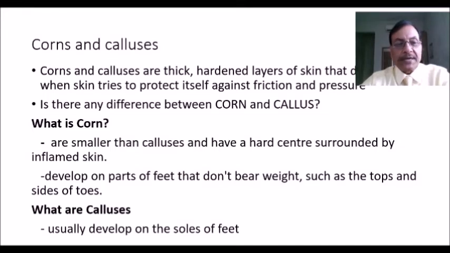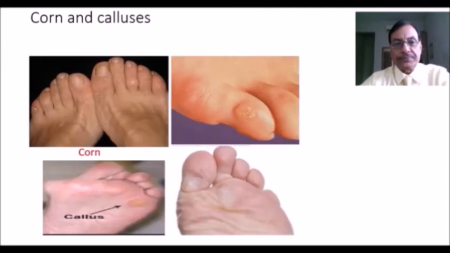Corns usually are smaller than calluses and have a hard center surrounded by inflamed skin, and usually develop on the parts of the feet that do not bear weight. Examples are tops of the foot and sides of the toes, whereas calluses usually develop on the soles of the foot. You can see it on the top of the foot. There are corns, and now on the weight bearing area there are calluses.